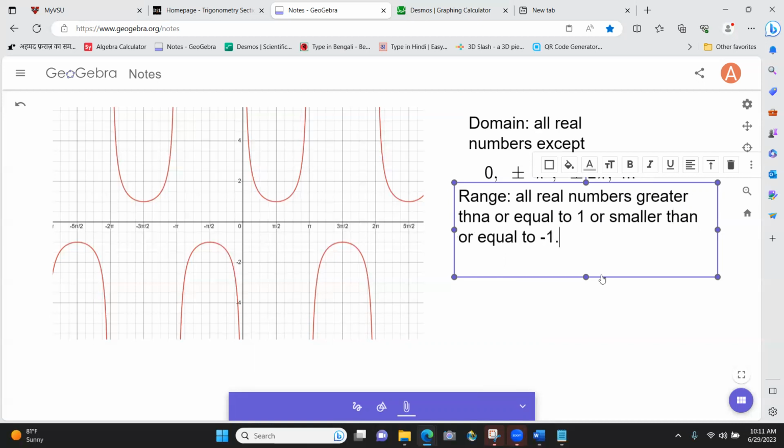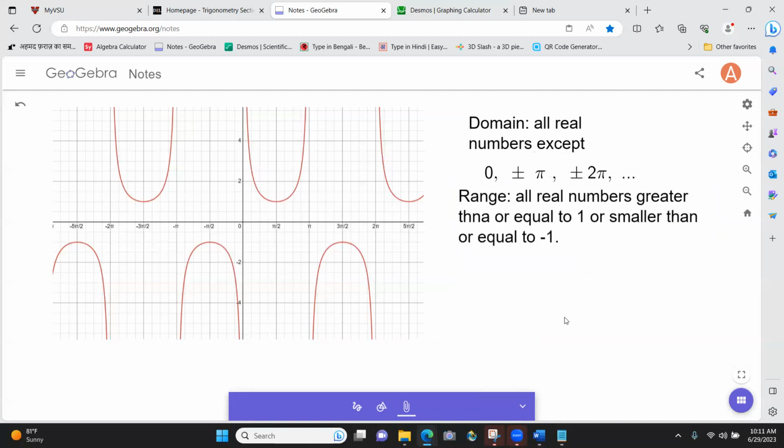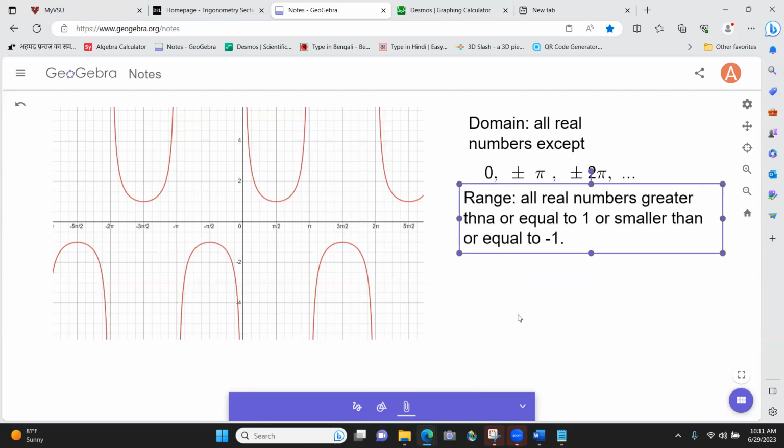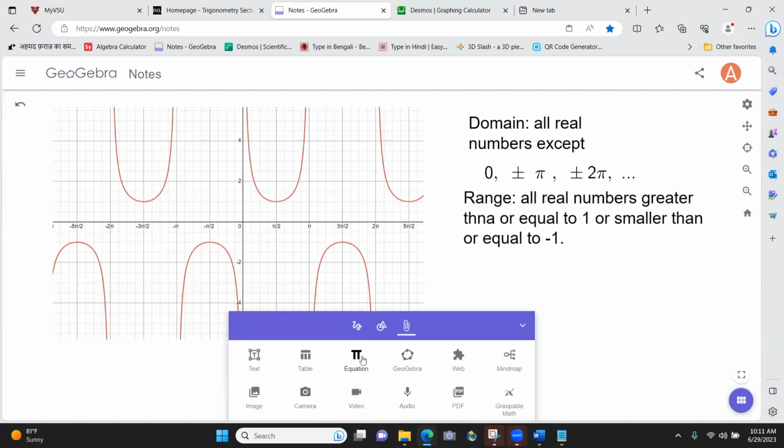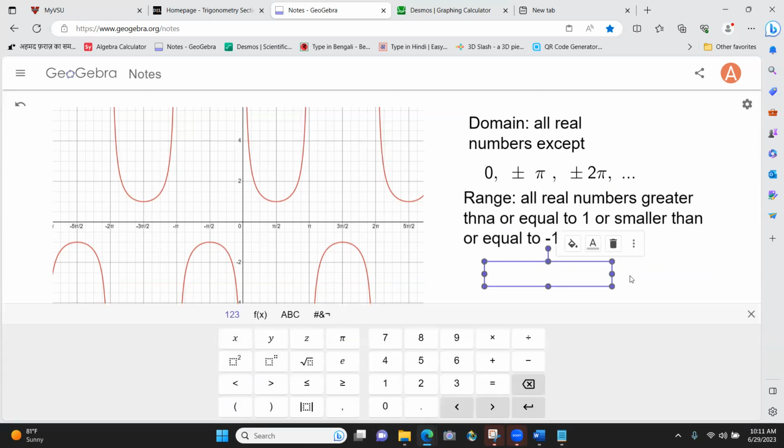Okay, -1 and +1 are included. And sometimes this is how it's written, guys. What I said here in English is also written this way, and you should be familiar with both.